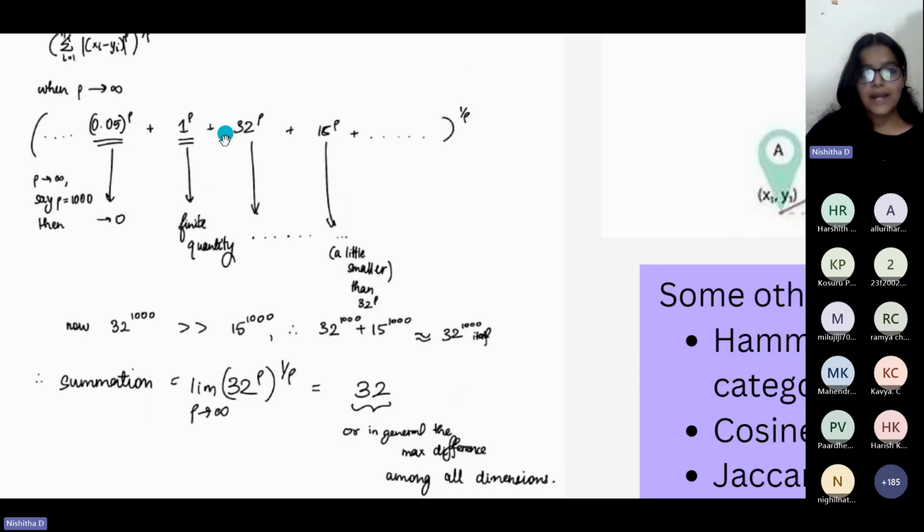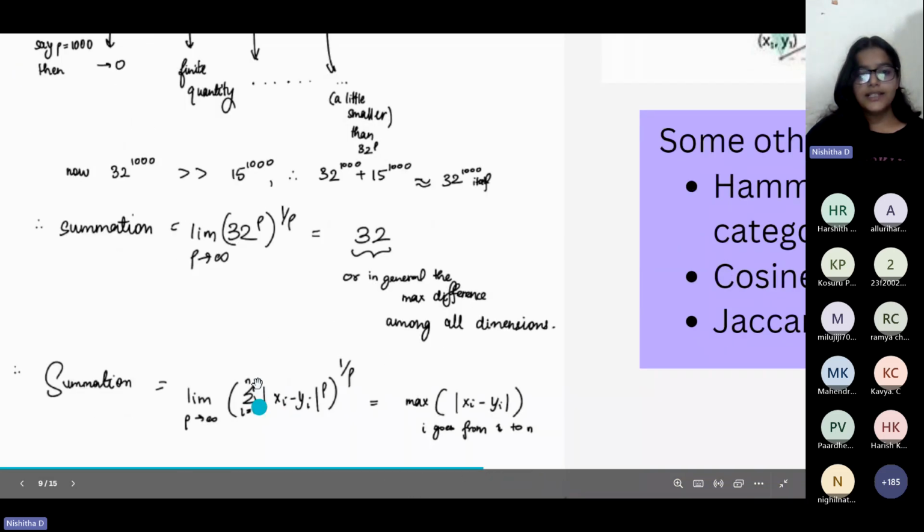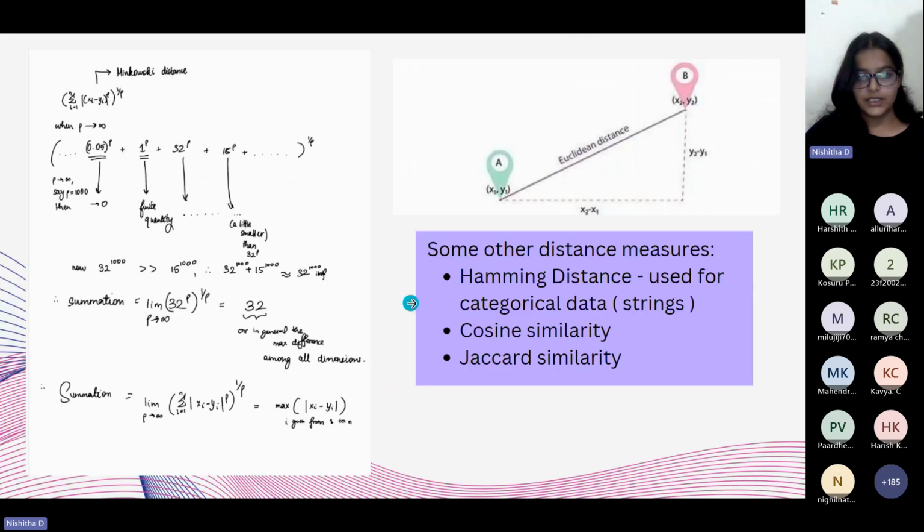So in general, the maximum absolute difference compared across all the dimensions will come as the final output. In other words, this Minkowski distance will become the maximum absolute difference amongst all those dimensions when p is very large. That's what Chebyshev distance essentially is.